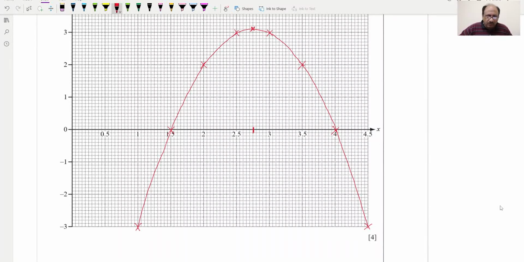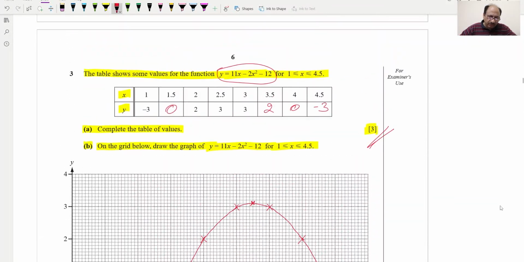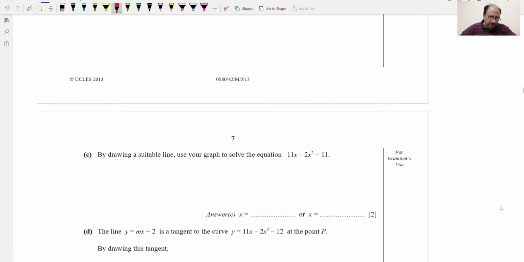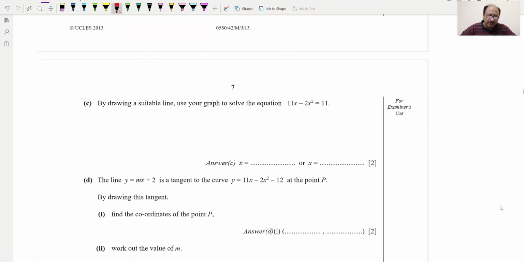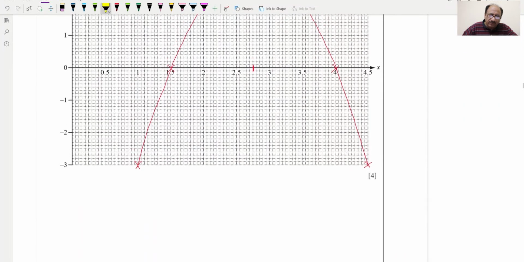Now this is almost a smooth curve which we have drawn, and after drawing this, what we have to do next is this part. By drawing a suitable line, use your graph to solve the equation. This provided equation is 11x minus 2x square is equal to 11.